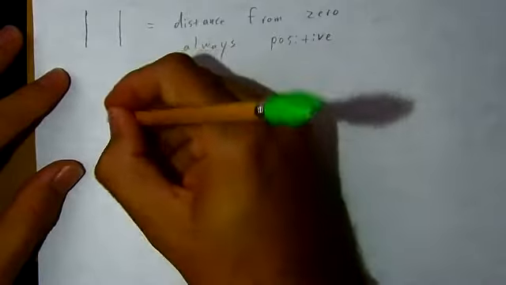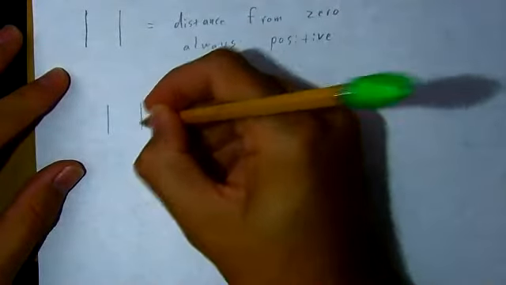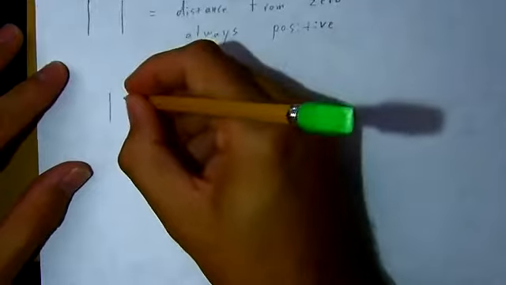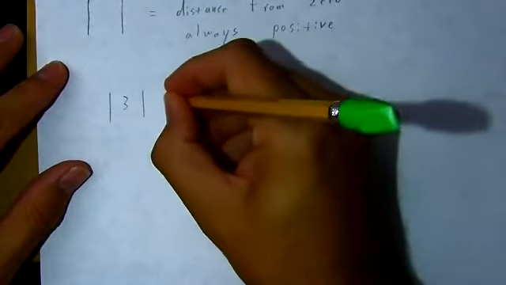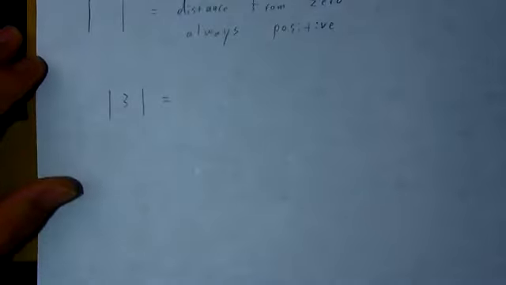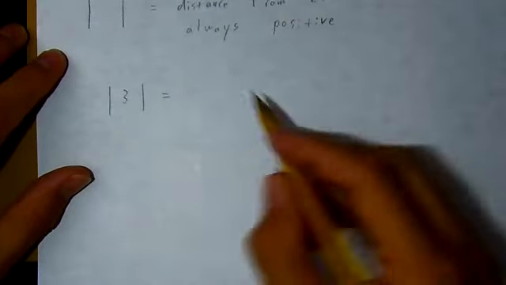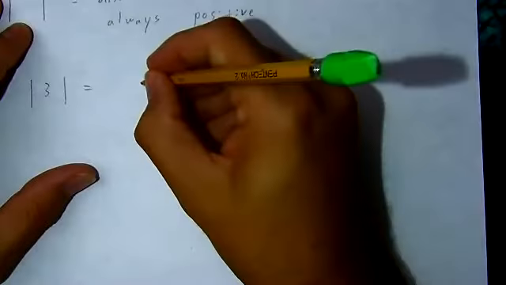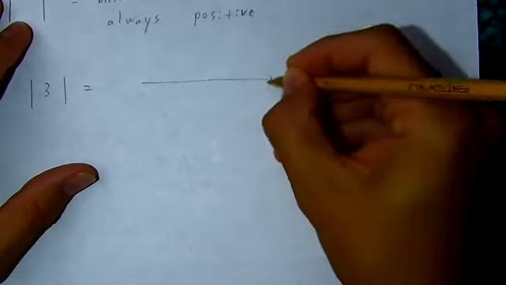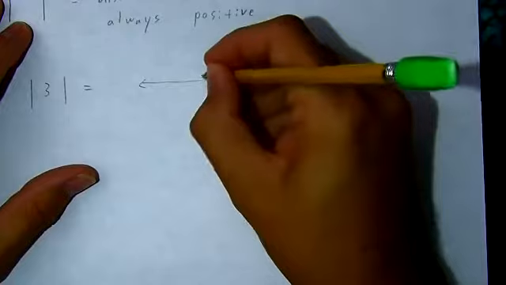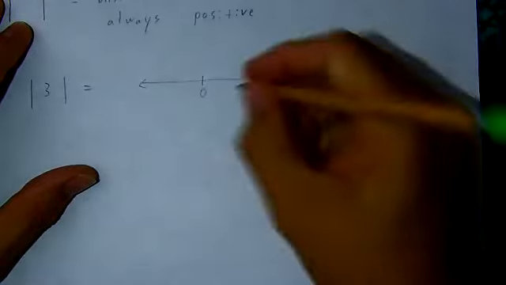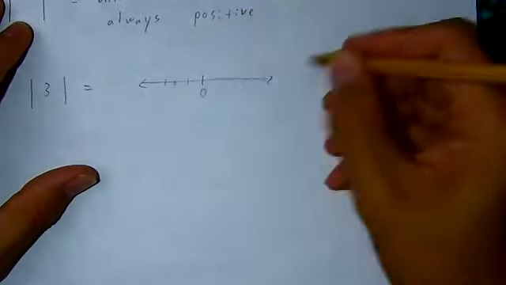So if you have the absolute value lines, let's say you have absolute value of 3. What they're saying is, what is the distance away from 0 that 3 is? So if you had a number line, which we're going to talk about later, it's 0 in the middle, some negatives on that side.